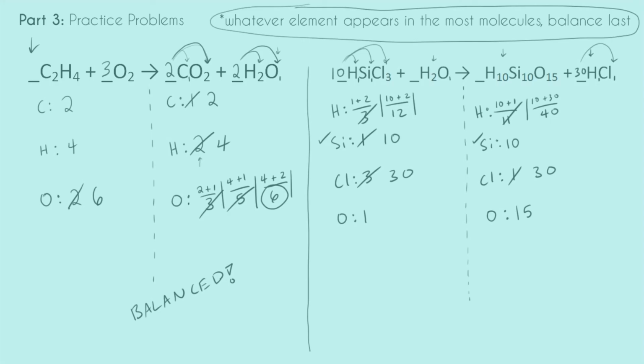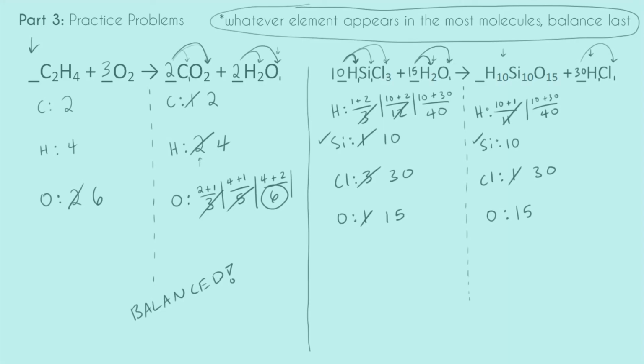The only thing I can do is on the left-hand side increase that 1 into a 15. And so I do that by putting 15 right here. And then crossing out hydrogen and oxygen, both of those were affected. So now for hydrogen, I still have this 10 times 1, so 10. And now I have 15 times 2, so that's 30. So I have 40 total hydrogens. And now for oxygen, I just have this 15 times 1, so 15.